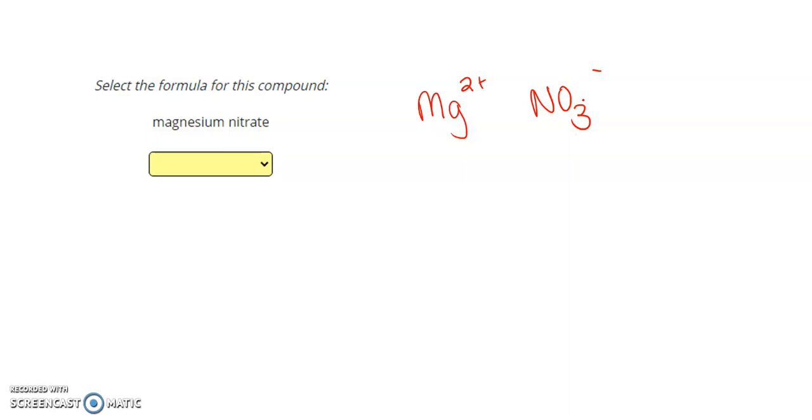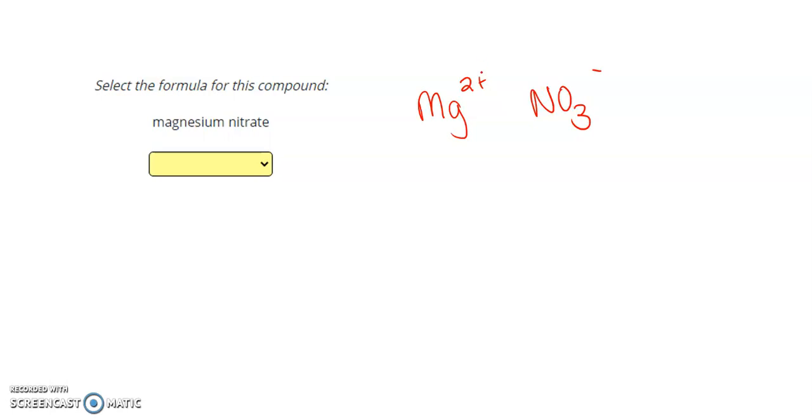This 3 says that there are 3 oxygen atoms and 1 nitrogen atom stuck together in a polyatomic ion. And that whole polyatomic ion has a negative charge. The negative charge is what we swap, drop, ignore. It's what we use when we're trying to find the formula of the compound and making sure the charges cancel. Okay, that 3 is just part of NO3.